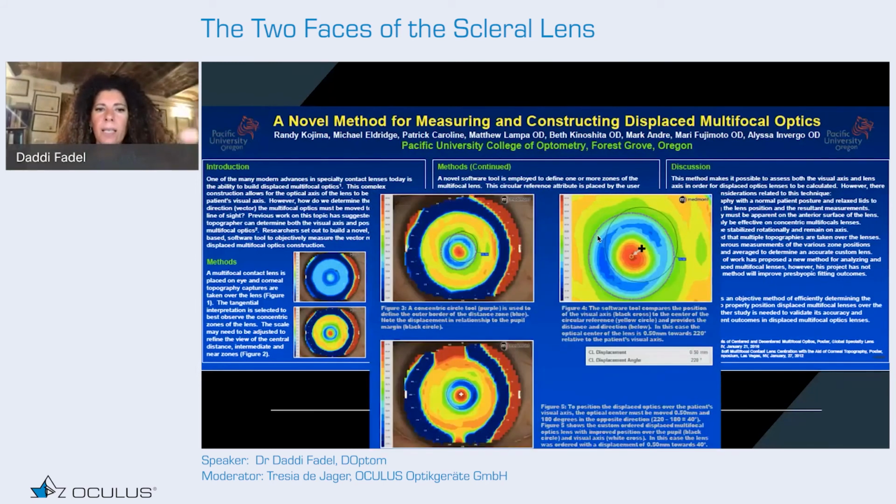In this case, the optical center of the lens is displaced 0.50 millimeters toward 220 degrees relative to the patient's visual axis. So to position the displaced optics over the patient's visual axis, the optical center must be moved 0.50 millimeters and 100 degrees in the opposite direction.